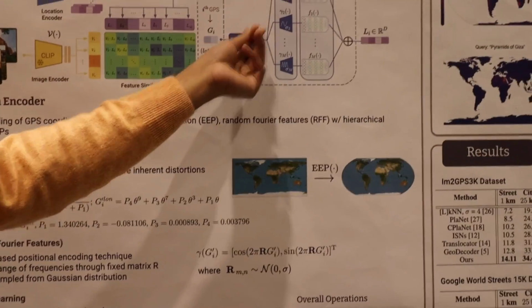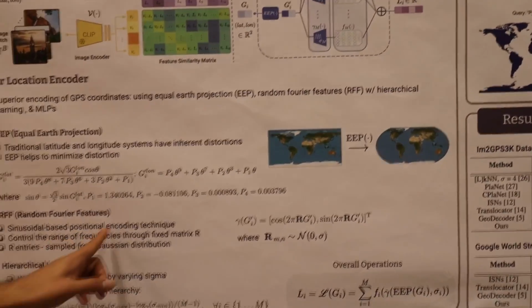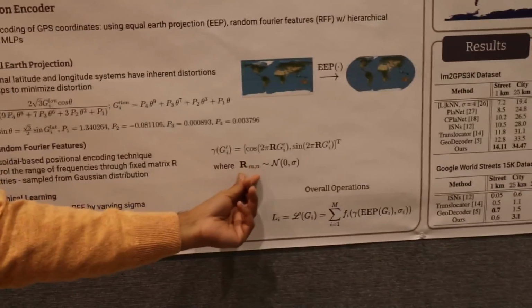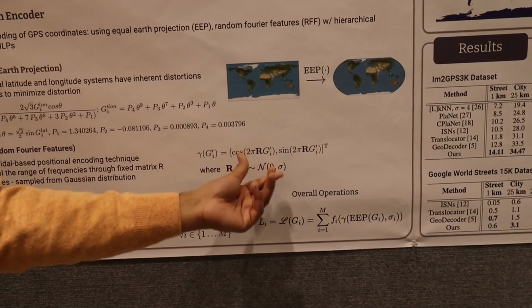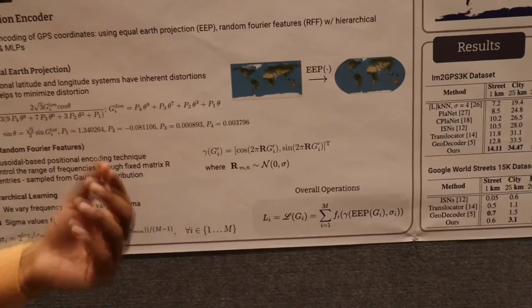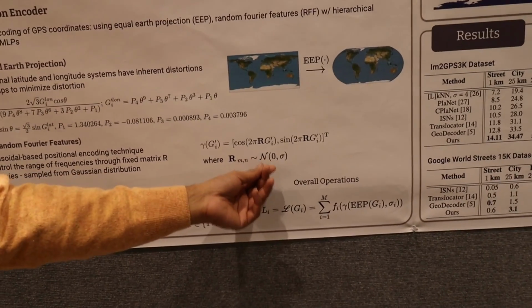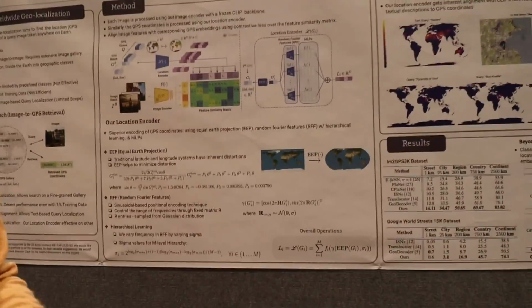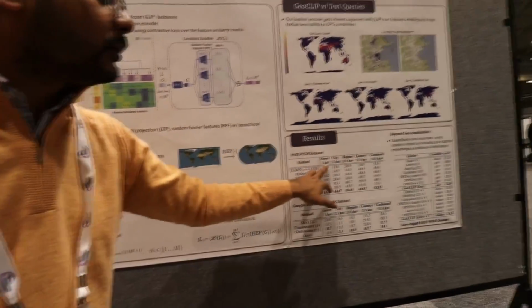So then we pass it to random Fourier features. Random Fourier features is a sinusoidal position encoding technique. We take a matrix R sampled from some Gaussian, multiply it, and then take sines and cosines of it. But if you take a particular sigma, it captures a particular type of frequencies. So we want to capture frequencies spanning from coarser to fine grain, because we want to perform well on both coarse and fine grain.